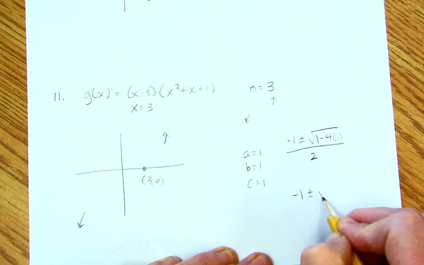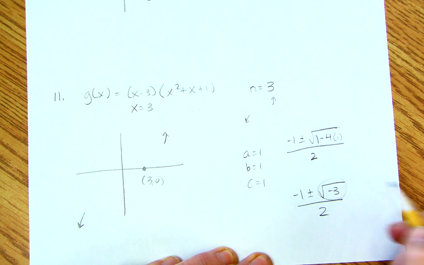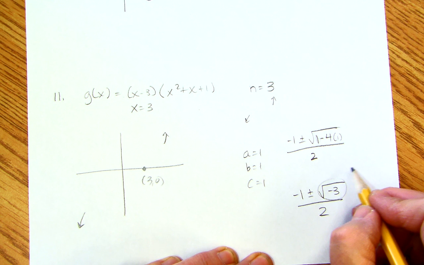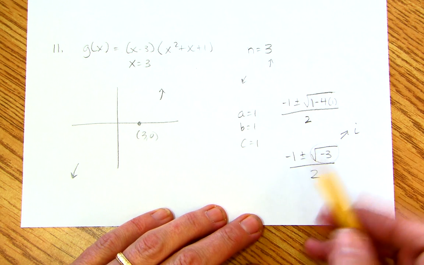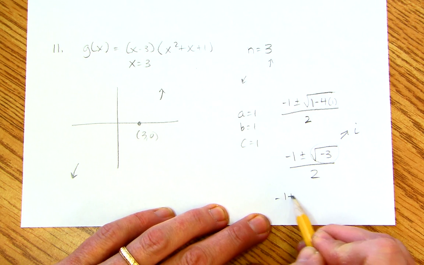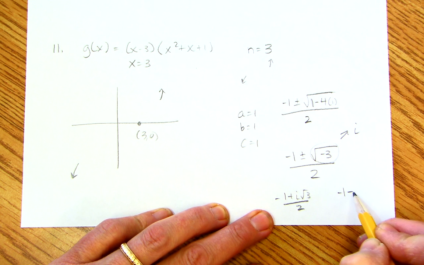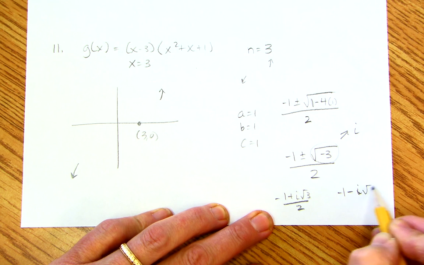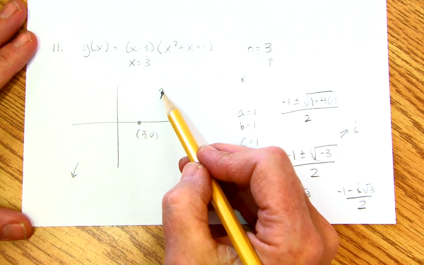So I have negative 1 plus or minus the square root of negative 3 all over 2. So what I know about that, that's imaginary. So again, I have 2 imaginary roots. I have negative 1 plus i root 3 over 2, and I have negative 1 minus i root 3 over 2. They always come in pairs. So 2 imaginary zeros.